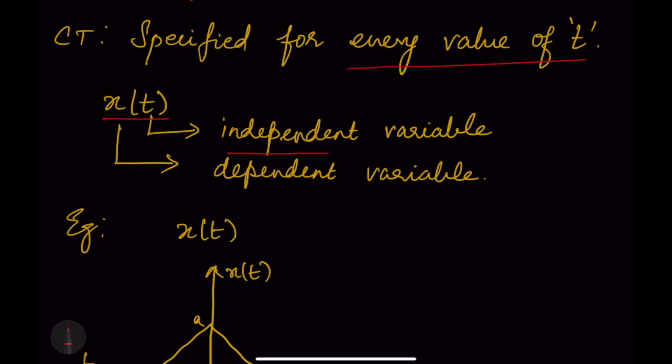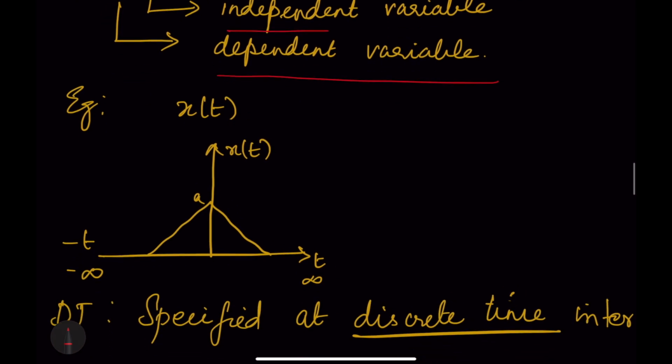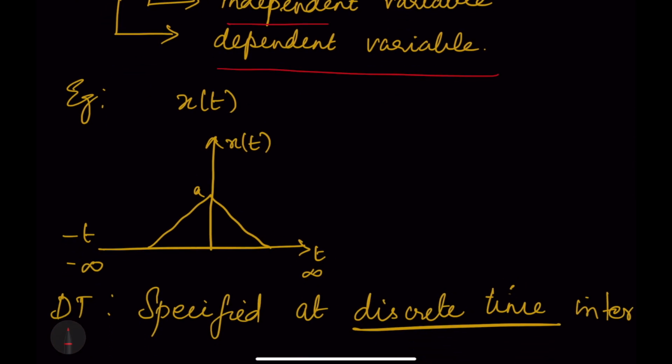An example of how you can plot a continuous time signal. Here, if you see, this is a triangular waveform where you have the amplitude A and the signal x of t, and time intervals represented as t and minus t. The time limits can also be from minus infinity to infinity.